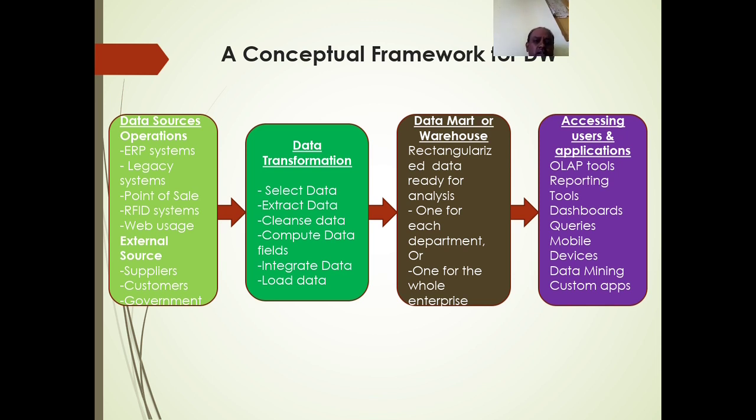So once the data is gathered, it has to be transformed, and we have to extract it, clean it, compute it, integrate the data, and load the data. After all the extraction and cleaning processes, we have to present it in the most useful way. That is called data ready for analysis, one for each department or one or more for the whole enterprise.